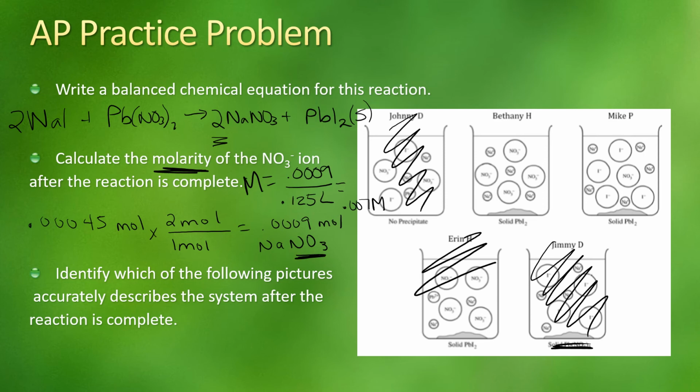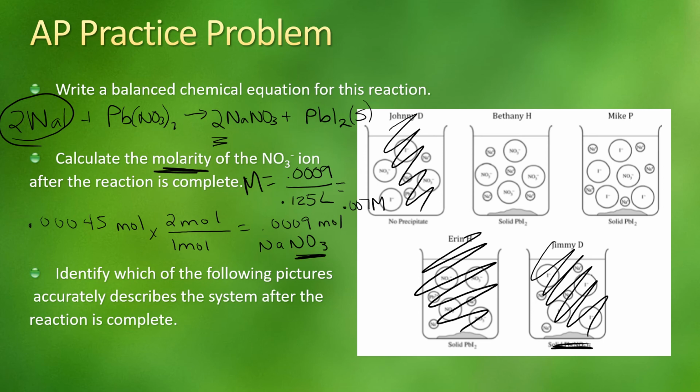So let's go ahead and cross out that one here. I'm left with 2 things up here then. I knew off the bat that I should have sodium and nitrate ions in solution, and I do in both of these last beakers. Remember, sodium iodide is in excess. That tells me that there's excess sodium and excess iodide.